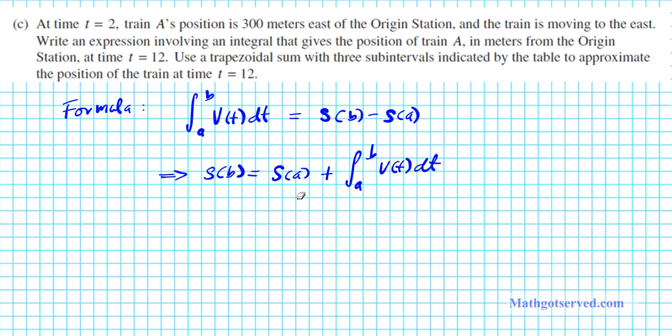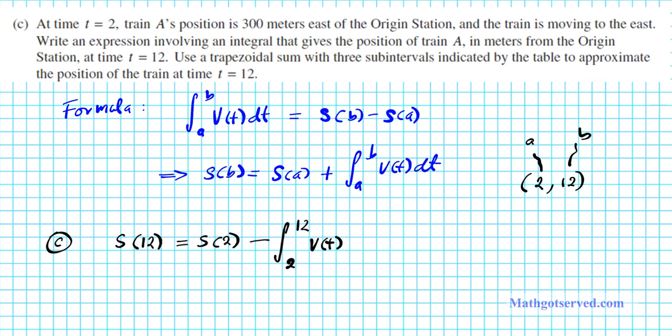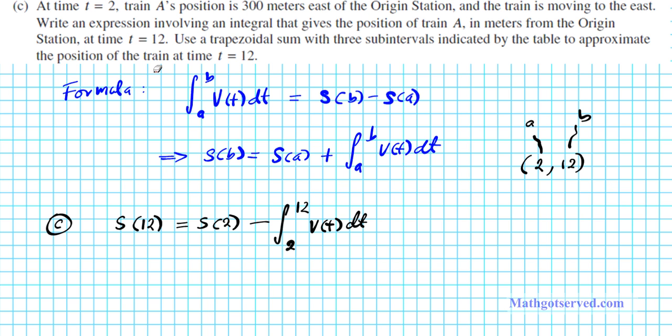Let's apply this to part C. The position at 12 is going to be the position at 2 plus the integral from 2 to 12 of the velocity function v of t. Sorry, it's supposed to be a plus.